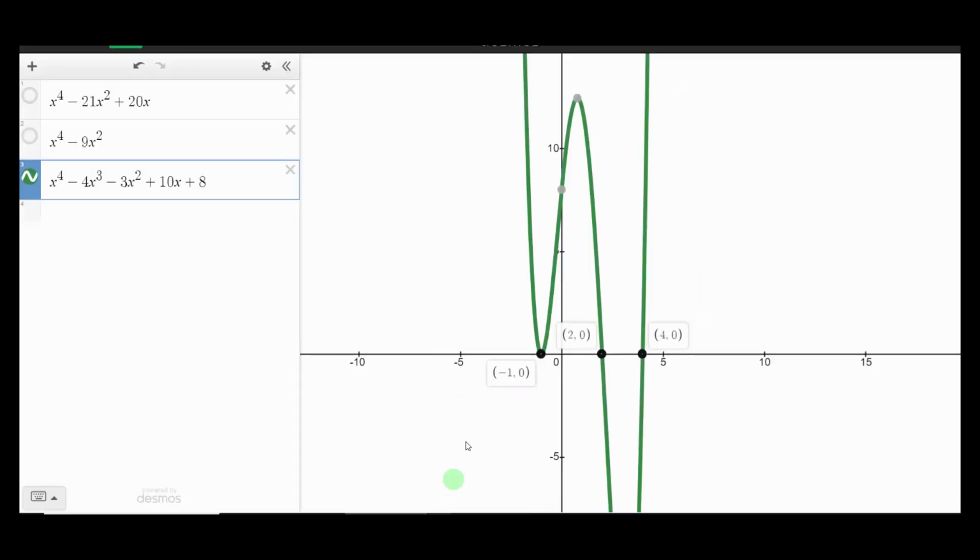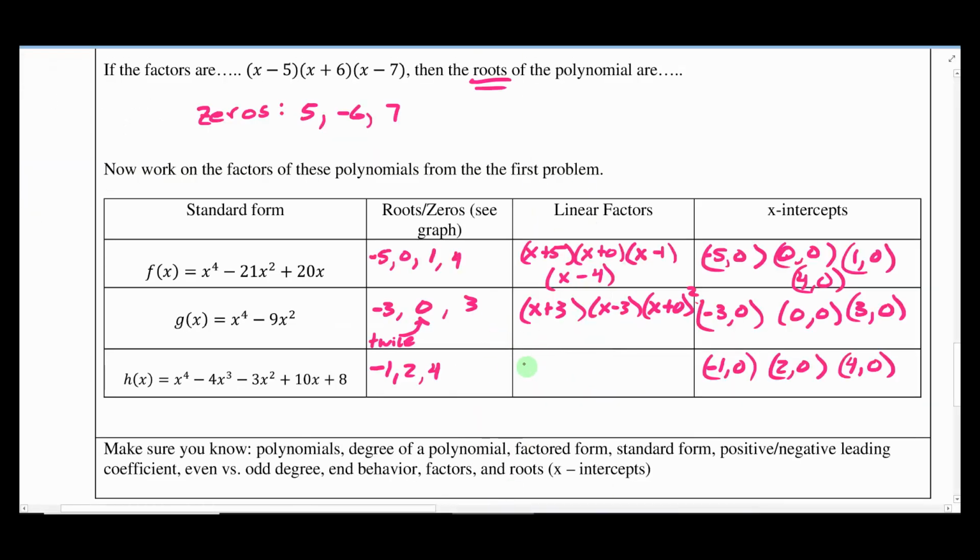Okay. And remember, the -1 happens twice because of the bouncing behavior, so we're going to have x plus 1 twice, so I'll just square that. And then we have a positive 2 here, so that means we're going to have a factor of x minus 2, and then a positive 4 would lead to a factor of x minus 4.